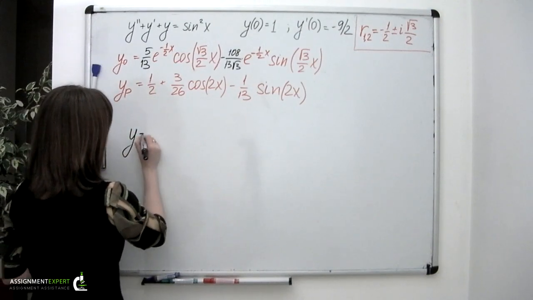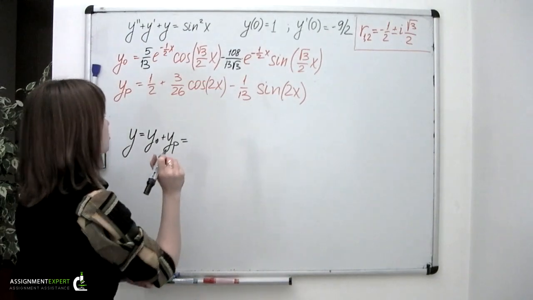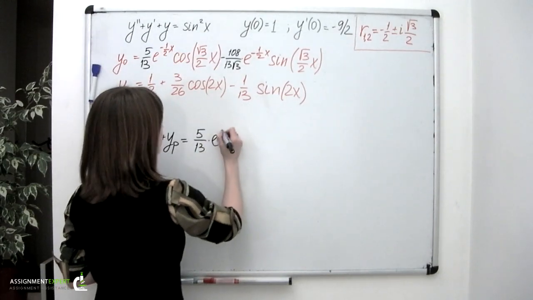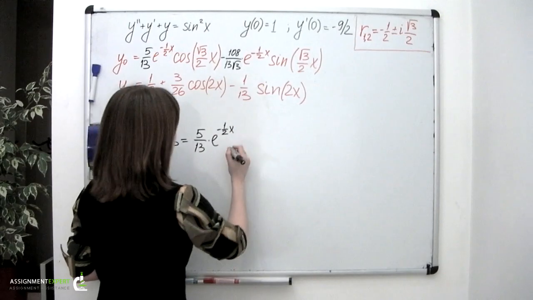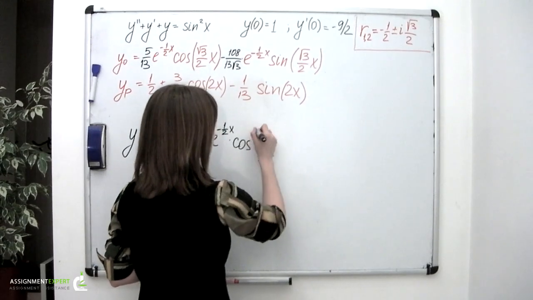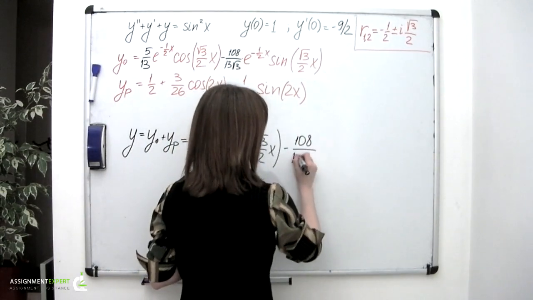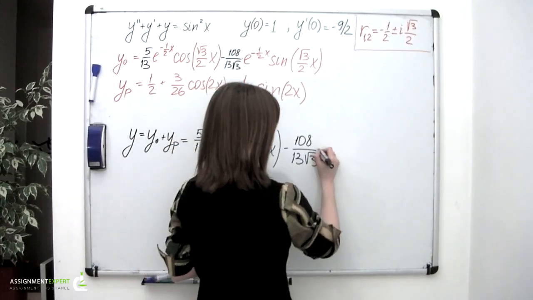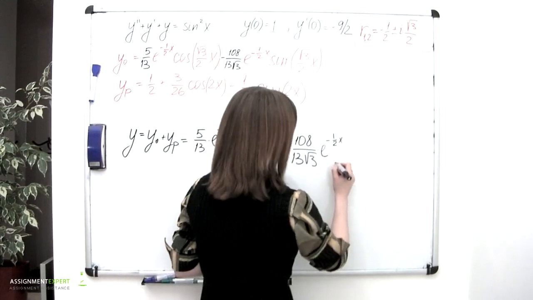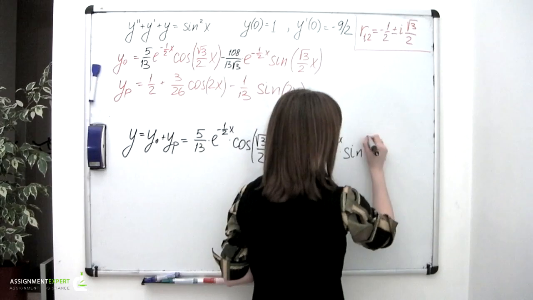So y, which is equal to y sub 0 plus y sub b, is equal to 5/13 times e to the power of negative 1/2 times x times the cosine of square root of 3 over 2 times x, minus 108 over 13 times square root of 3 multiplied by e to the power of negative 1/2 times x times the sine of square root of 3 over 2 times x.